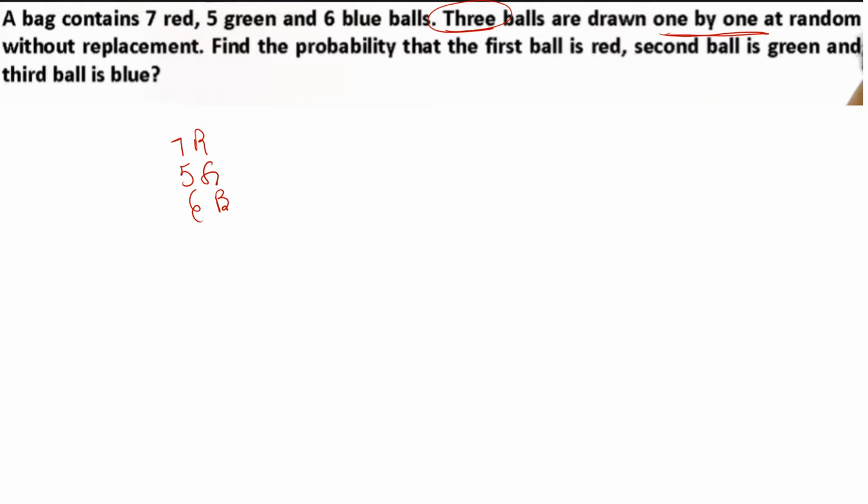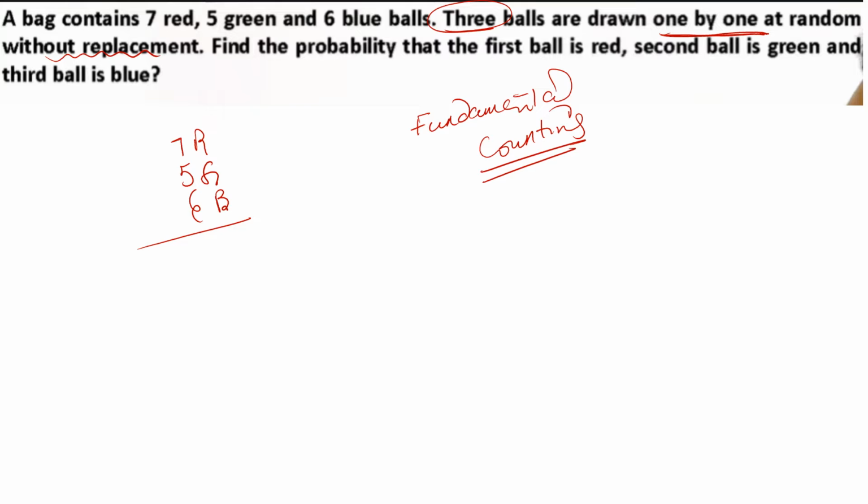So I told you previously, when they ask you to draw the balls one by one, you had better use the fundamental counting principle, to be on the safer side. Without replacement, and 3 balls.